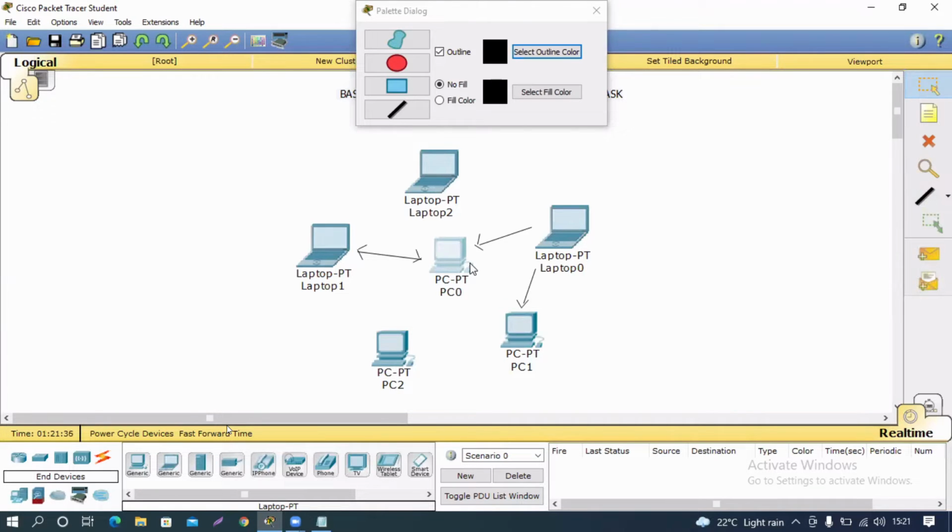So first of all, you have to make sure that your machine is able to send or receive information, whether it is capable of sending and receiving or not. This thing you have to check first. So how do you verify? How do you check whether your PC0 can send data or receive data?